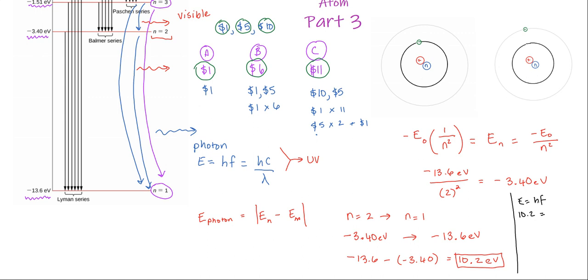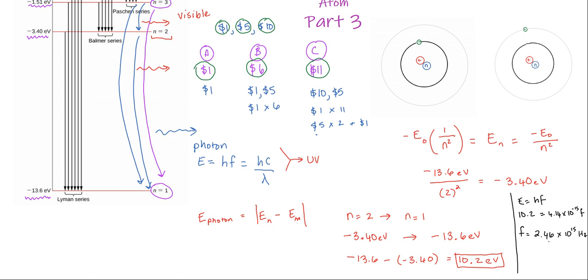I'm going to use the form of Planck's constant that is in electron volt seconds, so that's 4.14 times 10 to the negative 15th times f. And when I do the division here, what I get is 2.46 times 10 to the 15th. So the frequency is around 2.46 times 10 to the 15th hertz.